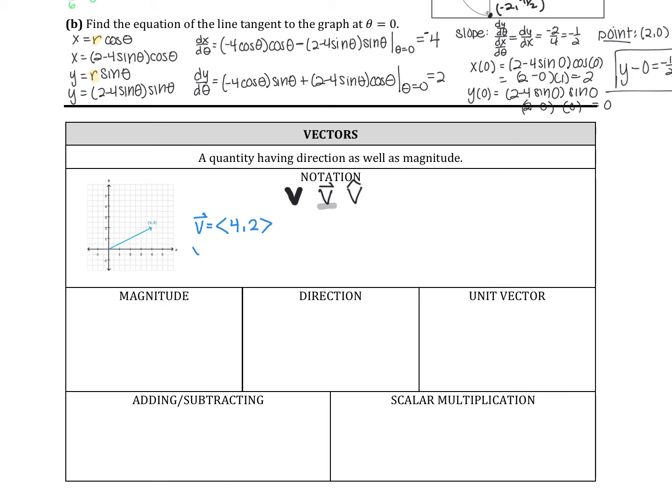You could also see this vector written without the angled brackets, but it would need to have the vector notation, and you may see it in parentheses, but it's easy to get parentheses confused with an ordered pair, and 4, 2 is not an ordered pair, although that is where it is on the Cartesian plane. It's not a single solitary point. It's a vector that moves in that direction, and its ending point, its terminal side, is at 4, 2. These are typically called component form.